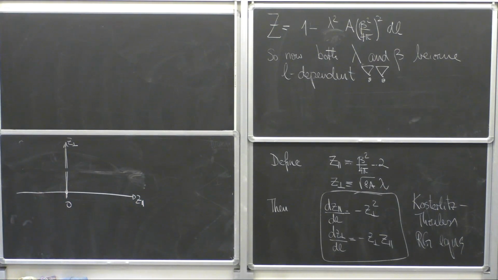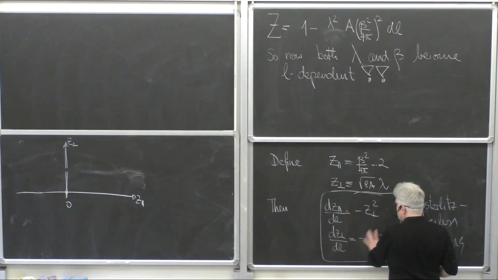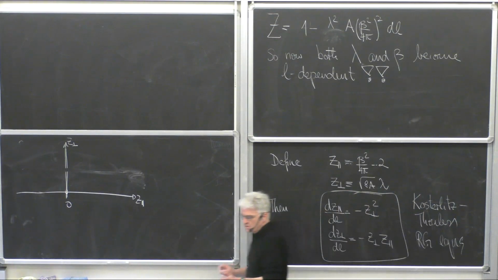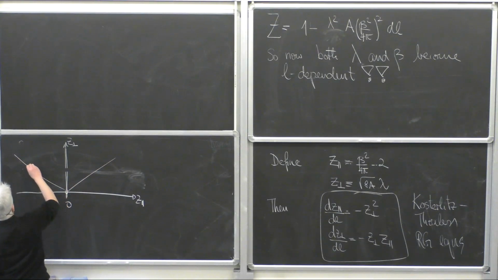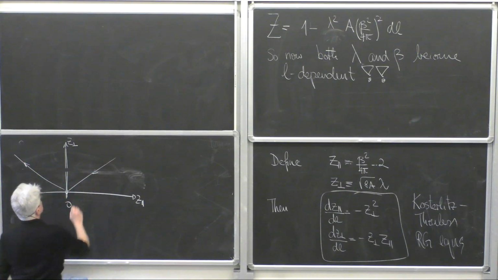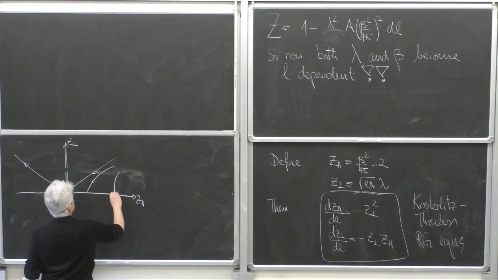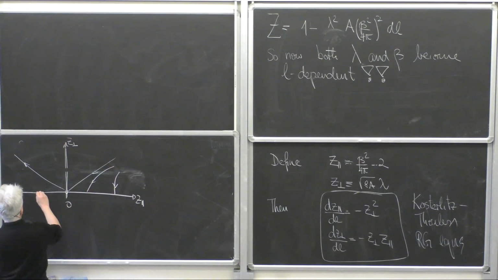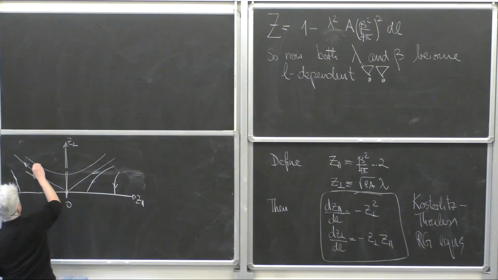Then we can depict the solution to these differential equations in terms of an RG flow. It looks like this, so let me draw it first. Here we have this, and then here we have stuff like this, and then here we have stuff like this, and here we have stuff like this.